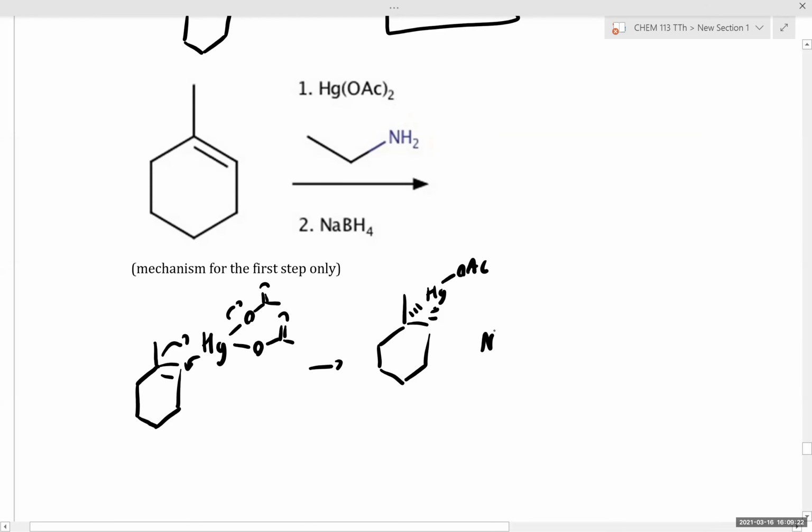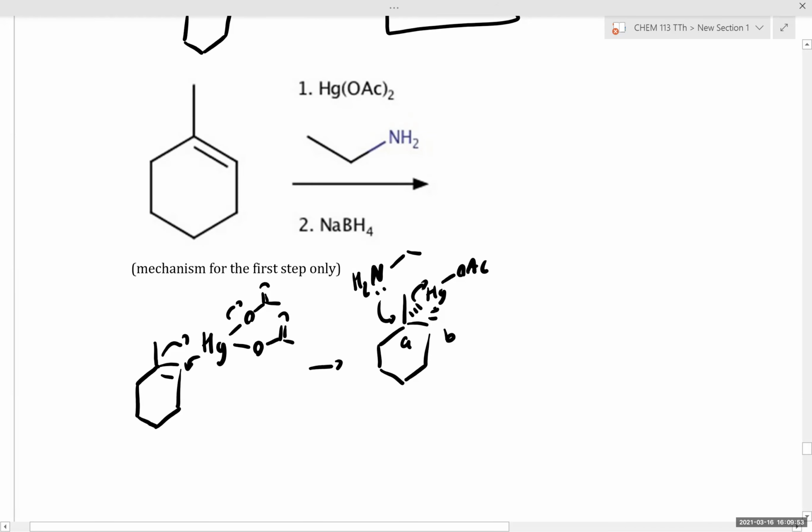In our next step, and this is a really important idea, our amine is going to attack what carbon, A or B? Does oxymercuration follow Markovnikov or anti-Markovnikov selectivity? It follows Markovnikov regioselectivity.